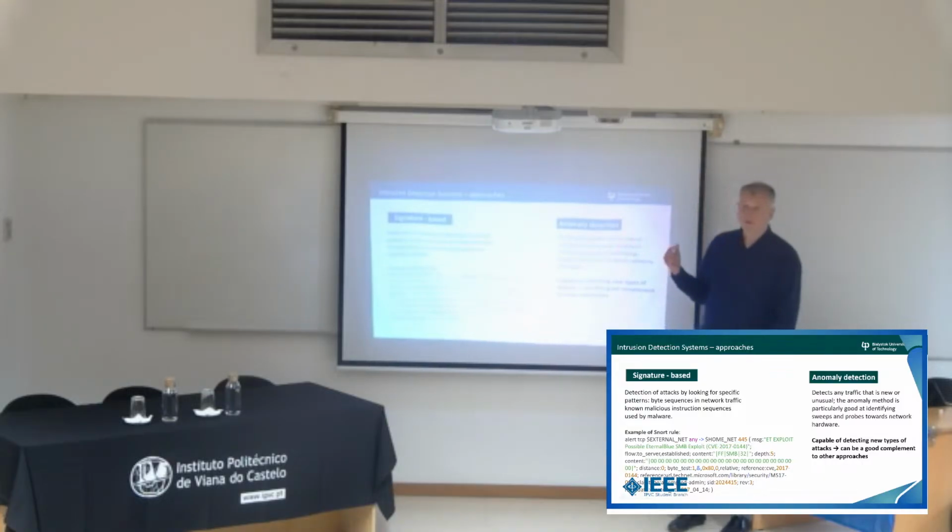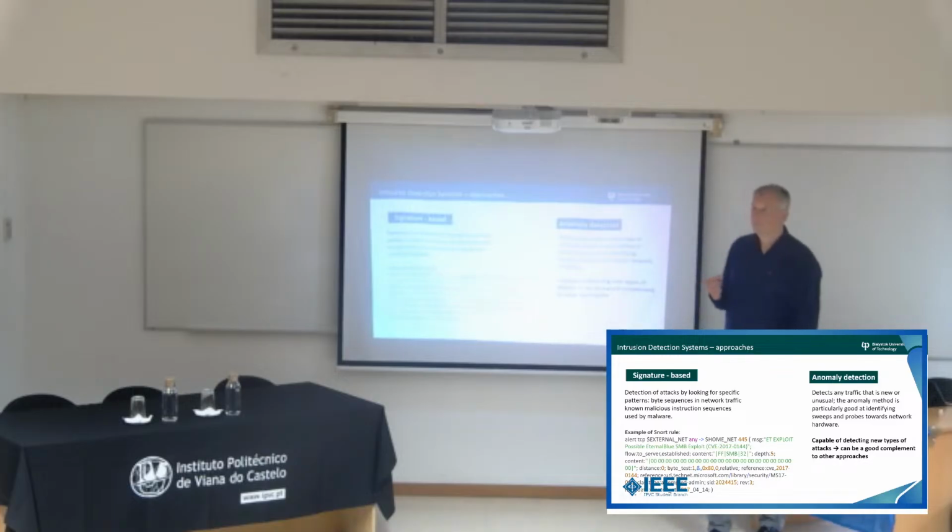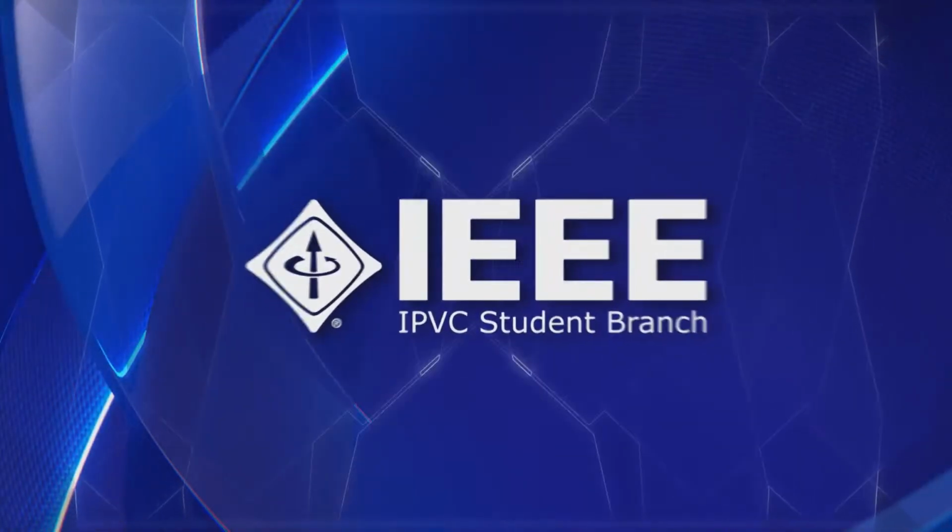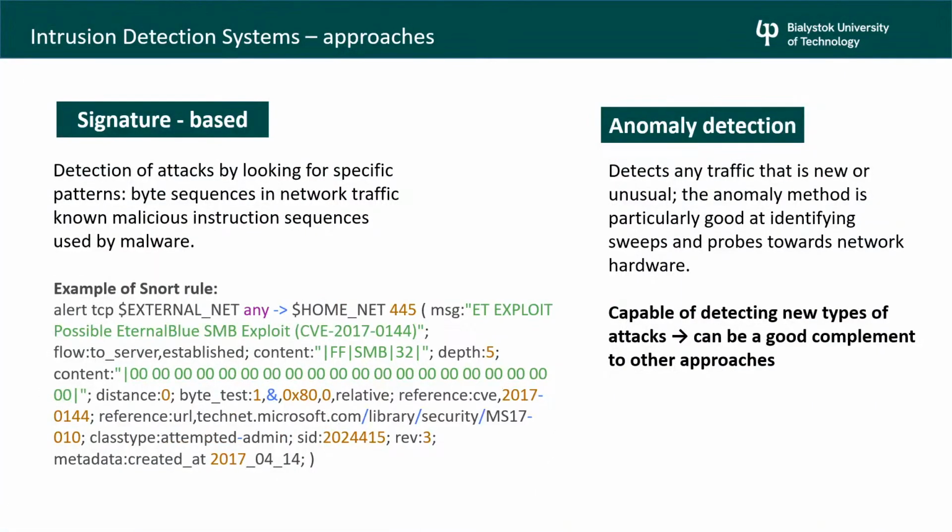When we use anomaly detection, each system has a unique protection system. So each system uses different rules. What is the most important in the anomaly detection approach?